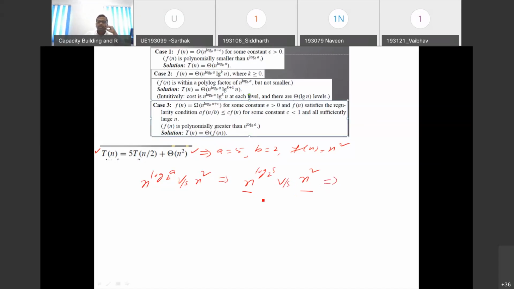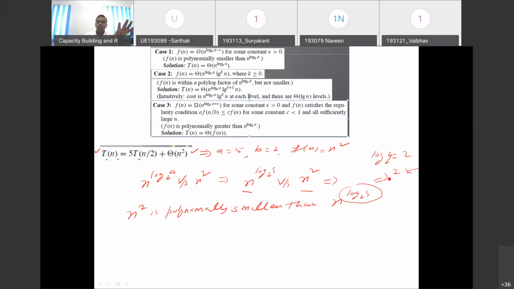What is the exact relationship between these two? Is n square polynomially smaller than n raised to the power log 5 base 2? What will be the value of log 5 base 2? Think and tell. It is greater than 2, because log 4 base 2 is 2, so it will be 2 point something.